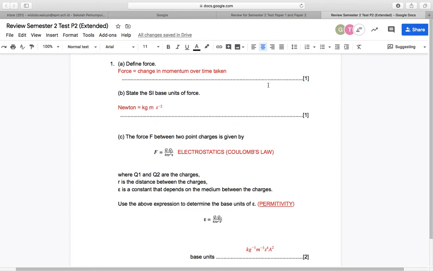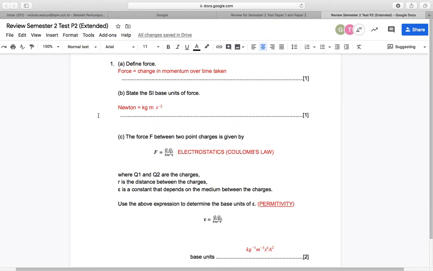So the big question, when they ask for the SI base unit of force, yes, Newton, and in SI base units it is kilogram meter second minus 2.